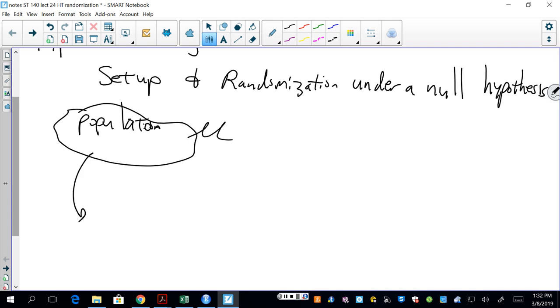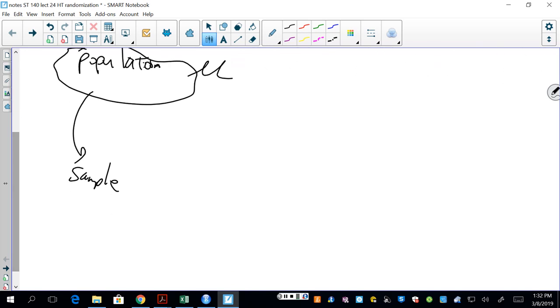To evaluate that, we're going to take a random sample, get some different measurements, and summarize those with X bar. So we want to do inference and answer the question: what is mu based on our sample?